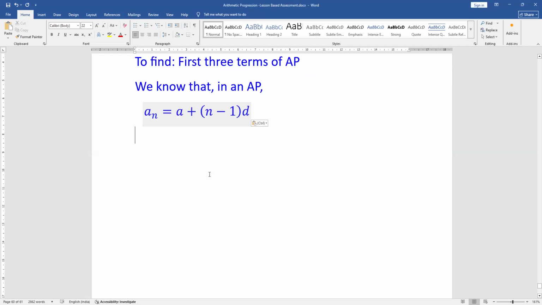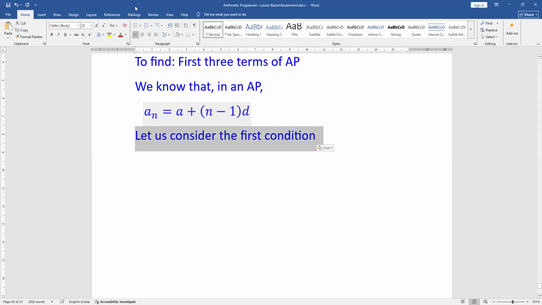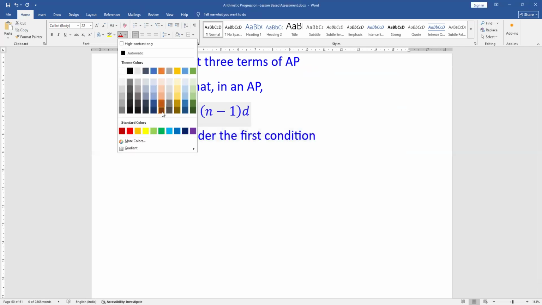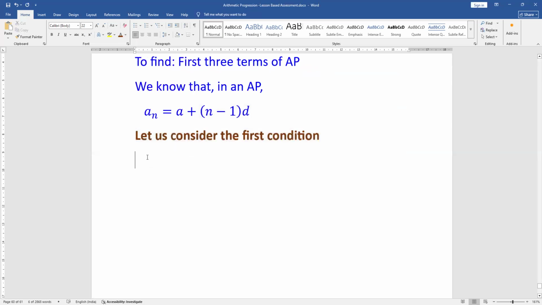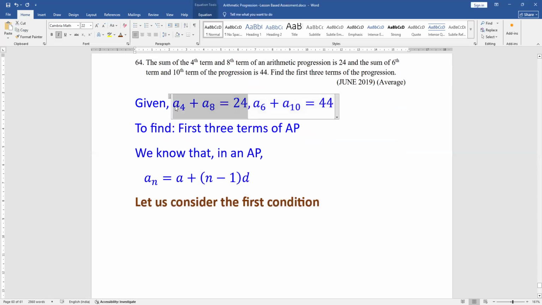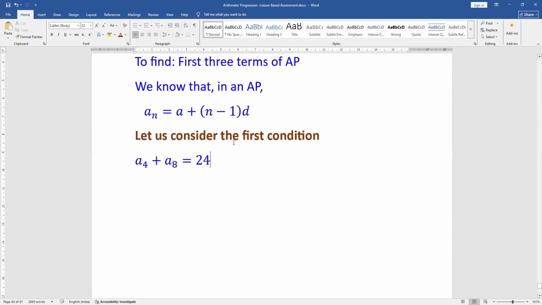Next, we have the first condition. Let us consider the first condition. So I am writing this condition. What is given in the first condition? A4 plus A8 is 24. So I wrote the first condition. Okay? I told you the shortcut, so A4 you can write as a plus 3d.